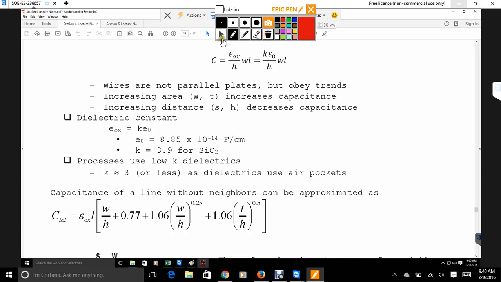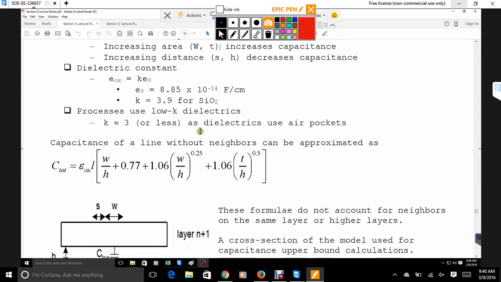Here, this is a complicated equation where they just throw in these numbers relating to width and height. I'm not going to expect you to memorize that. That's just determined through experiment.